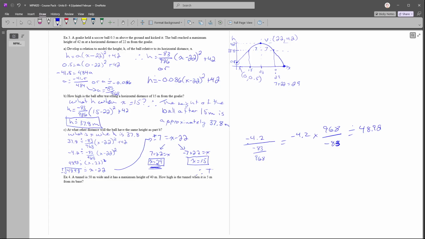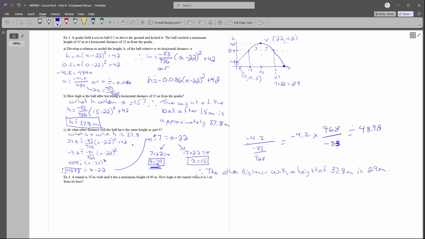Therefore, the other distance with a height of 37.8 meters is 29 meters.